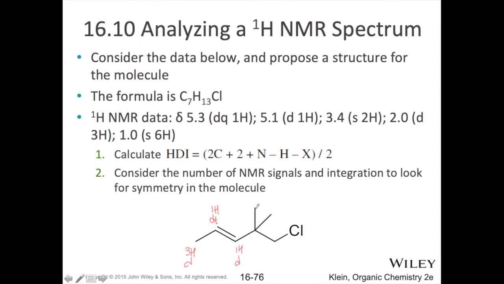I've got 2 methyl groups here, so that's 6 hydrogens, and there's nothing near enough, so that's going to be a singlet as well. And then of course here we have 2 hydrogens, and again, nothing near enough to split that, so that's going to be a singlet.